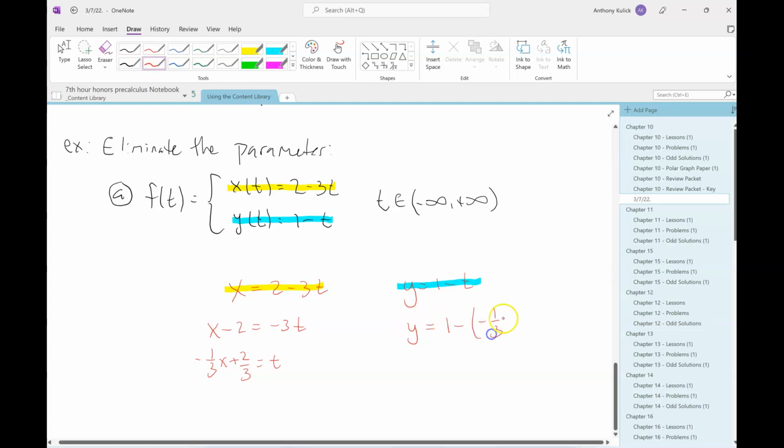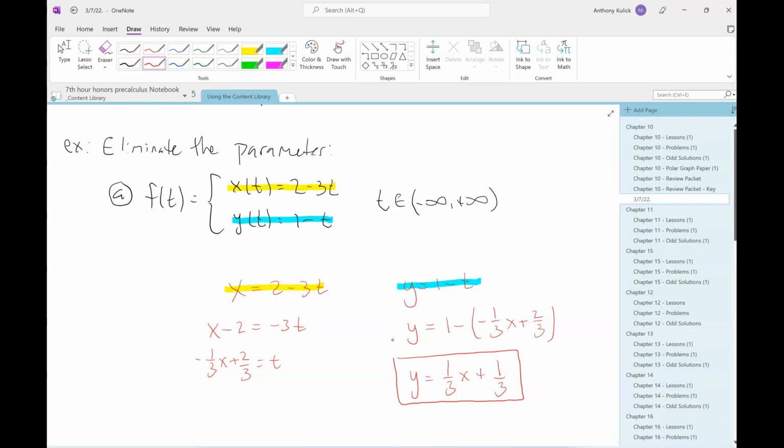And then we'll substitute in our value of t that we found and simplify. Is everybody okay with what we've done there?